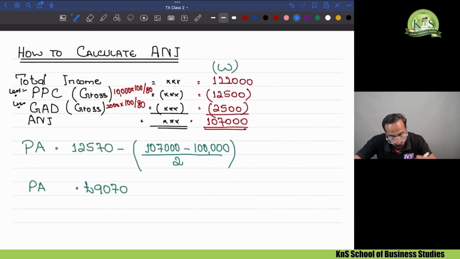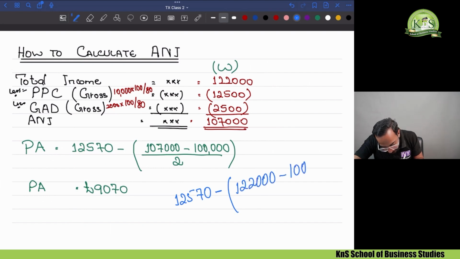Now you need to calculate the PA here. New PA 12,570. Now my total income is equal to ANI, because there is no contribution in PPC and gift aid donation. 1,22,000 minus 1 lakh, divided by 2.